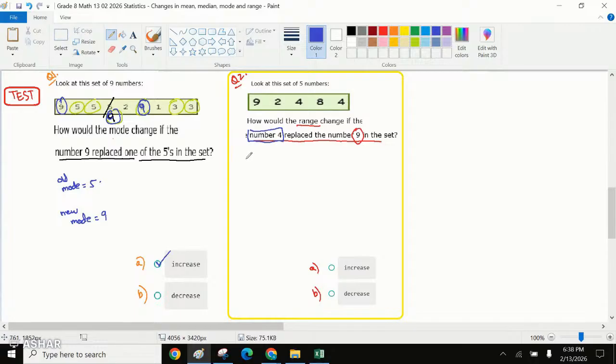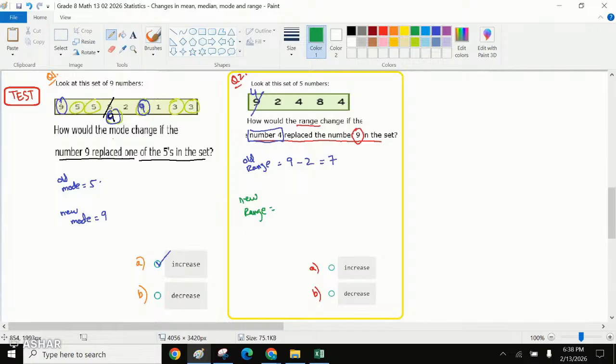So the older range was the maximum 9 minus 2, that was 7. But once 9 is replaced by a 4, we don't have to find the old range, we just have to find the new range. I'm just doing it in order to explain.